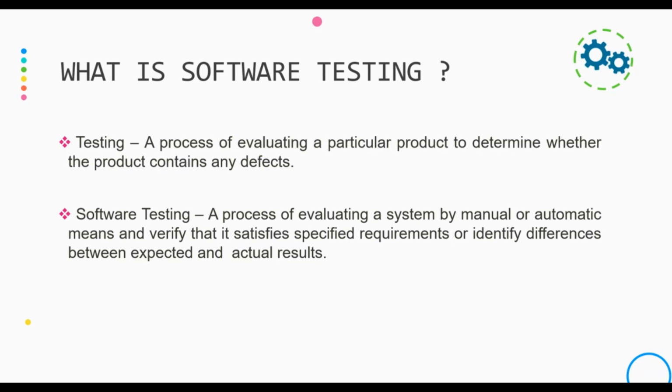It's a process of evaluating a system by manual or automatic means to verify that it satisfies the specified requirements, the requirements specified by the customer, a system or an organization, or to identify the difference between the expected and the actual result. So it's a method to check whether the actual software product matches the expected requirement and to ensure that the software product is defect free.